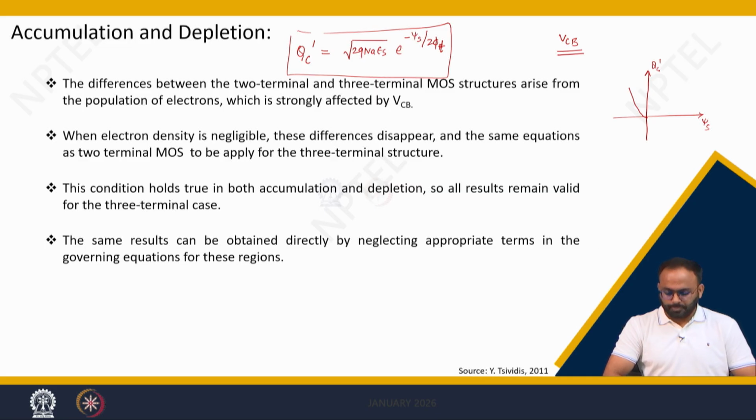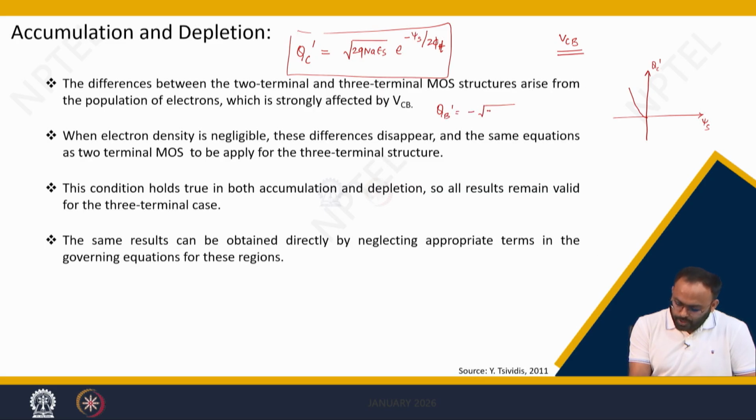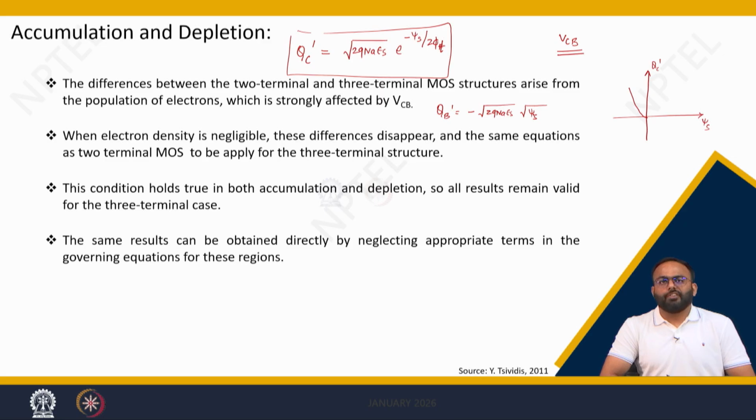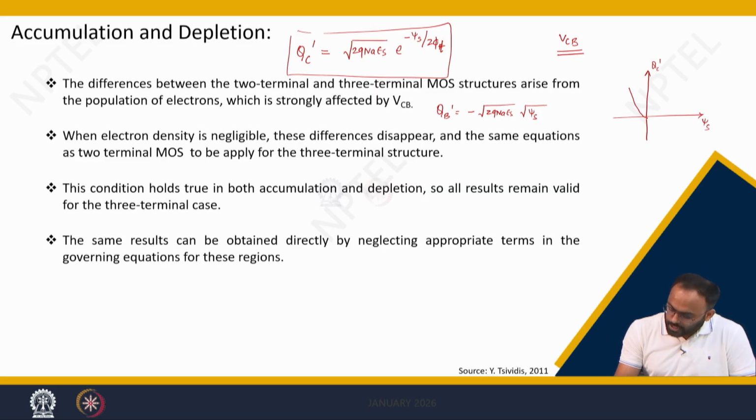by VCB. Similarly, the depletion charge Qb dash can be given by negative of the square root of 2 into q into Na into epsilon s into psi s. In this equation also VCB is not coming, and hence we can simply say that VCB is not affecting your depletion charge either. That is what we have already seen in the previous graph, where this point was 2 phi f, and this point was 2 phi f plus VCB.